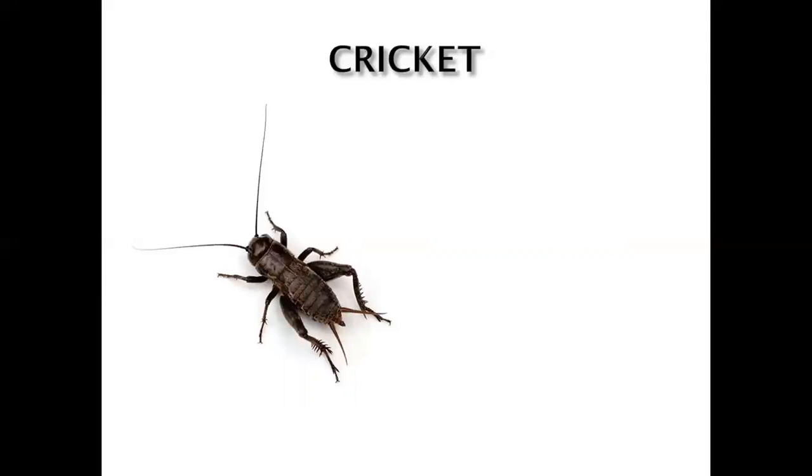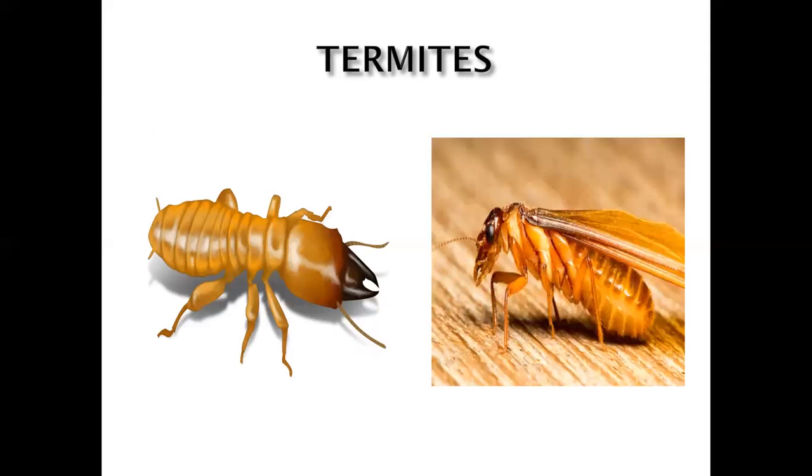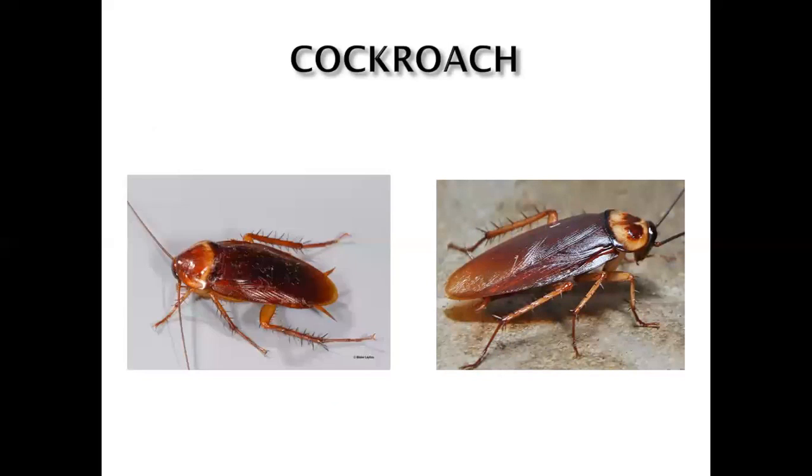We proceeded to give a cricket among the examples of insects. We gave termites and said, funny enough, termites have wings, like you can see on the screen. We gave a cockroach as another example of an insect. We also say that cockroaches have wings on their bodies.